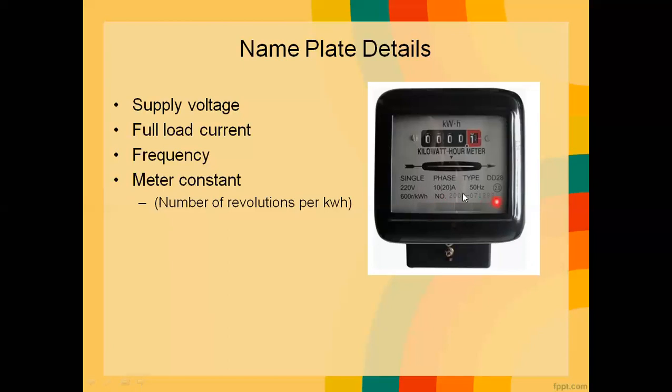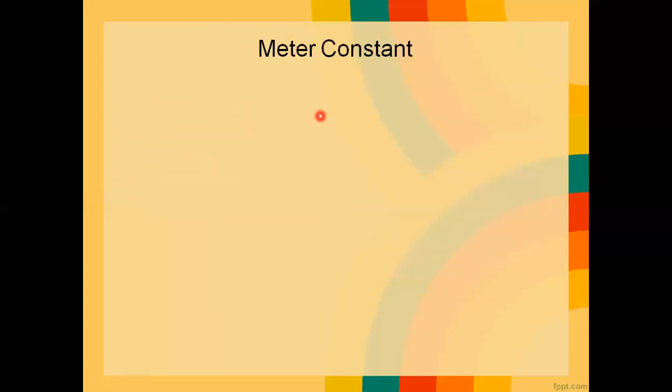This is the number. In this way, we have the nameplate details of an induction type energy meter. Getting to the next slide, let us discuss more about the meter constant.